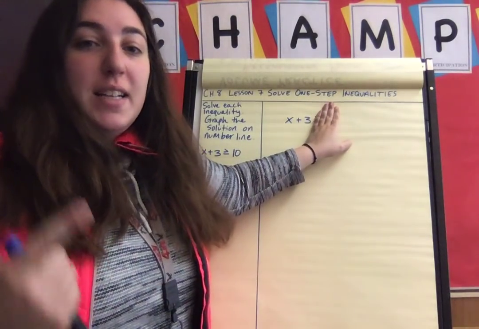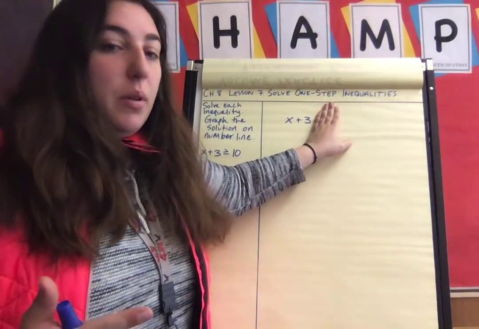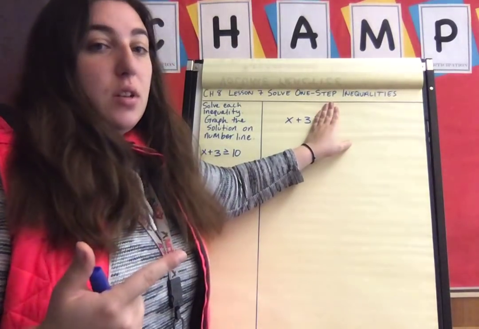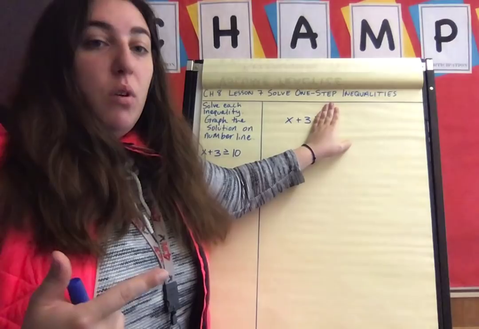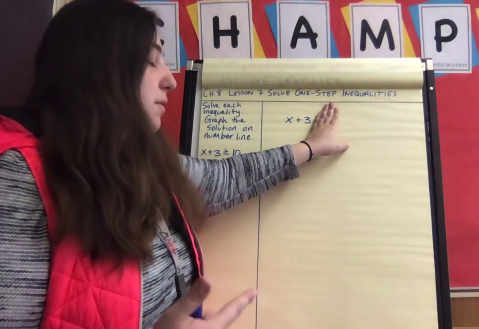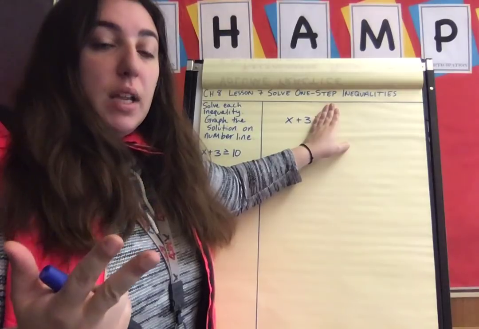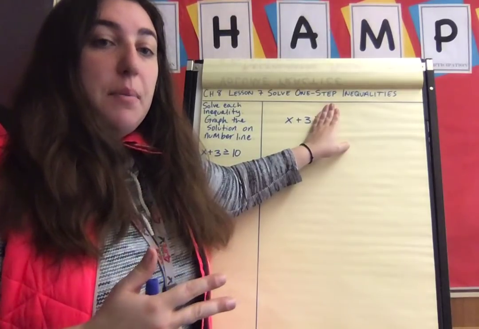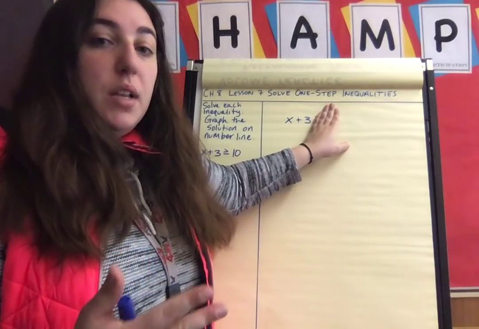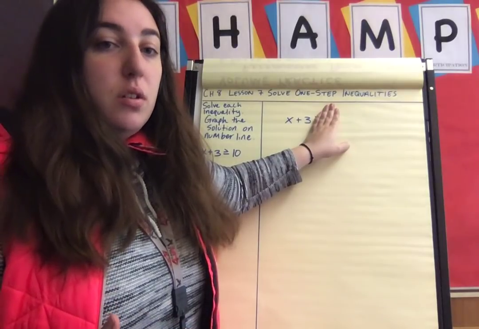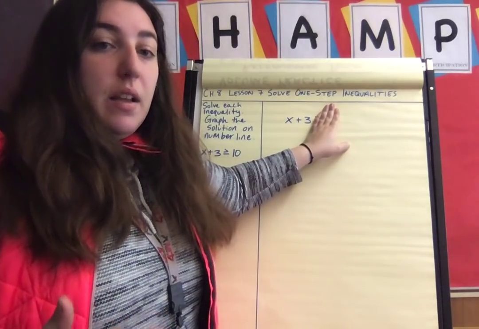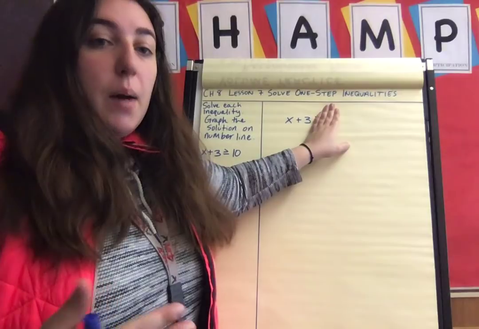Step 2, identify what's happening to our variable, or what operation is happening to the variable. Well, it looks like the variable is being added by 3. Okay, step 3 is to undo what's happening to the variable by using the inverse operation. And again, we said the inverse is just the opposite.